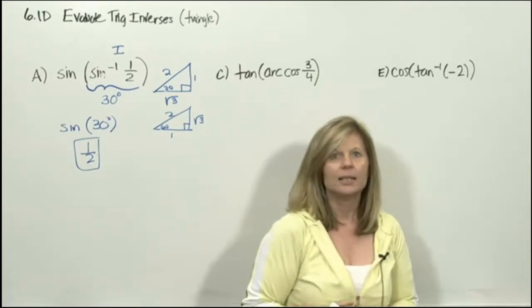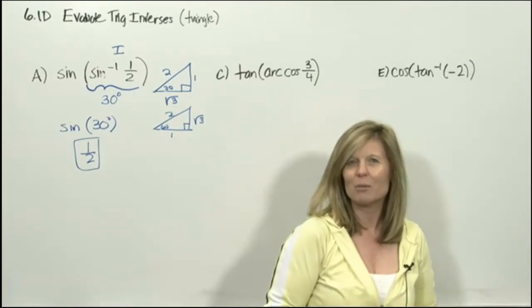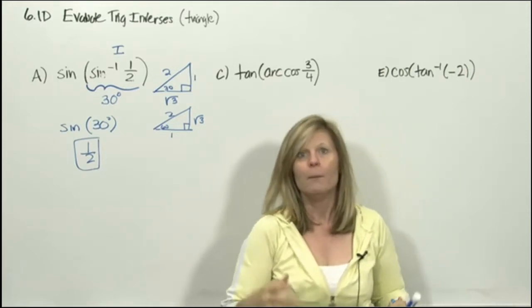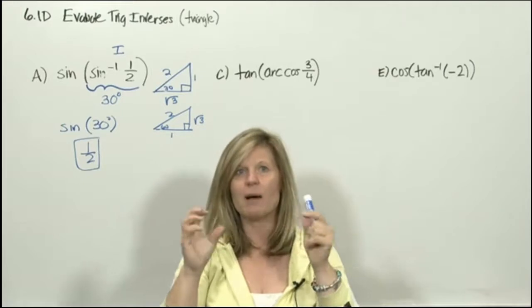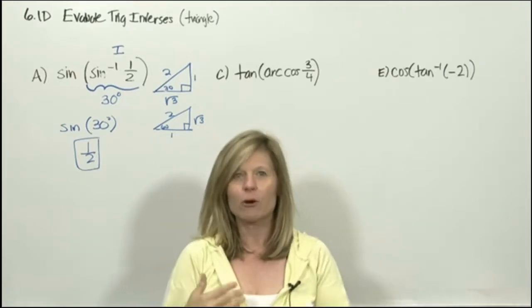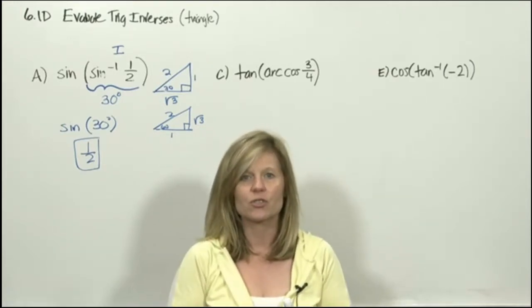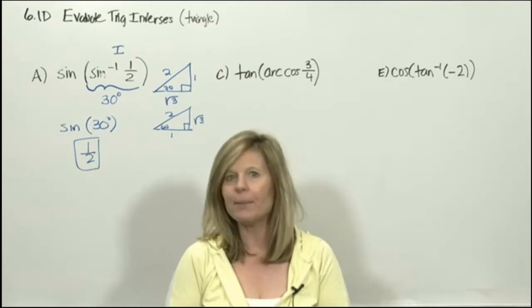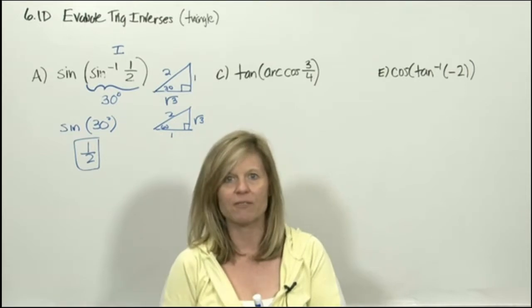Now, some of you are pretty quick. Some of you are going, hey, wait a minute, did I really need to do all that work? No, because if you're smart and you're making the connection about this word inverse, inverses are opposite operations. And what do opposite operations do to each other? What happens in math when we add 5 and subtract 5?